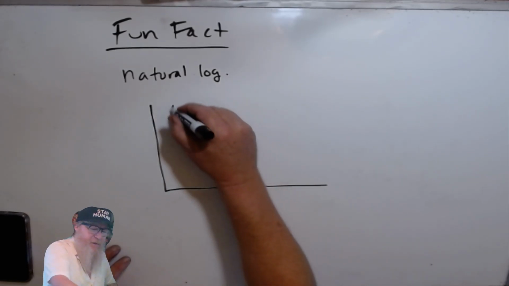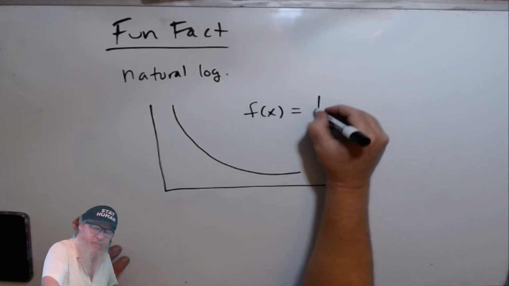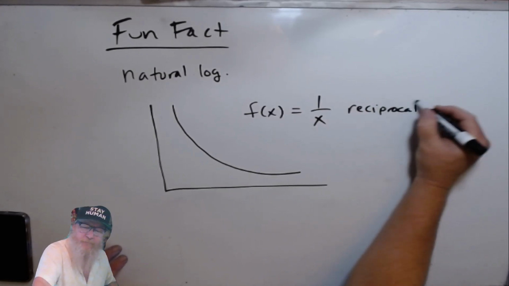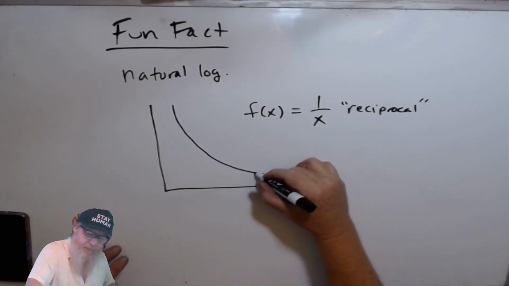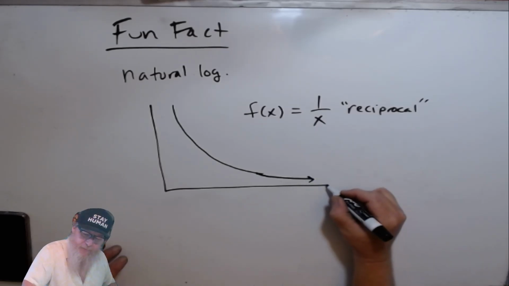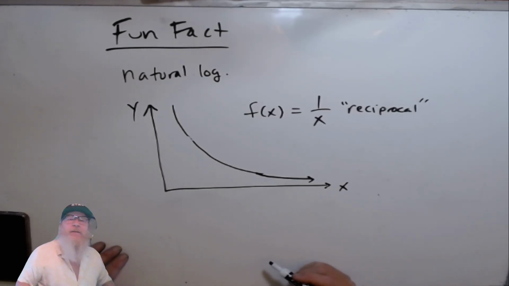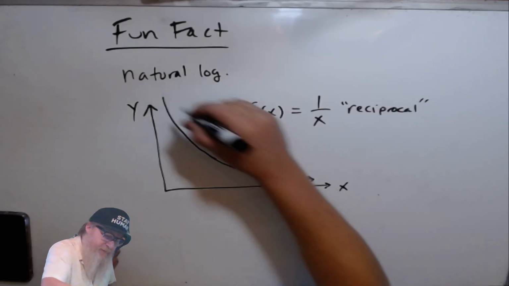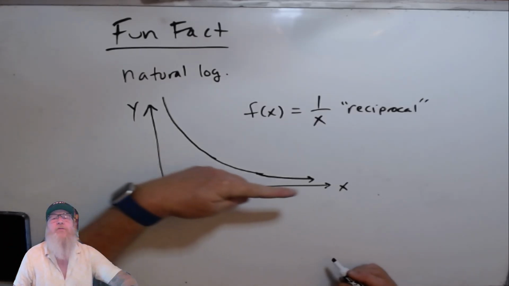Here's a fun fact. If you take the function 1 over x, it's also known as the reciprocal function. It's not a very good graph, but you get the idea, I hope. So this is x, this is y. As x approaches infinity, y approaches 0, right?